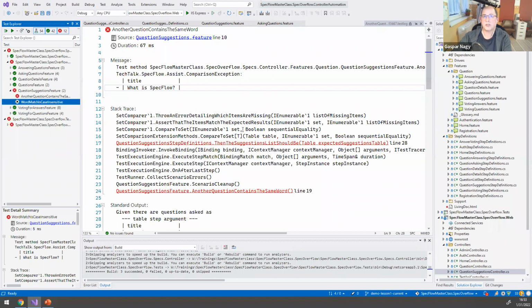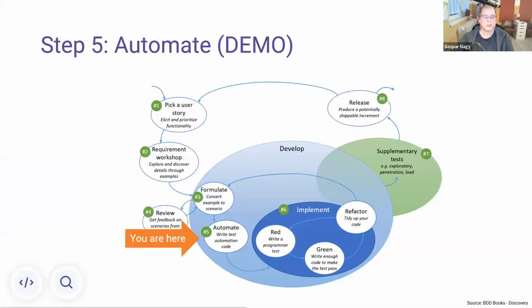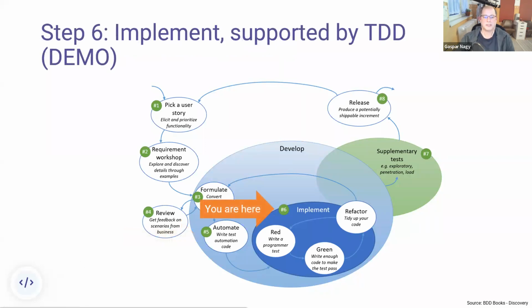So if you think about a test-driven approach, right now we have an automated scenario, and it shows now as a failing test. To provide the implementation for that, I would need to implement my production code so that it fulfills those scenarios.